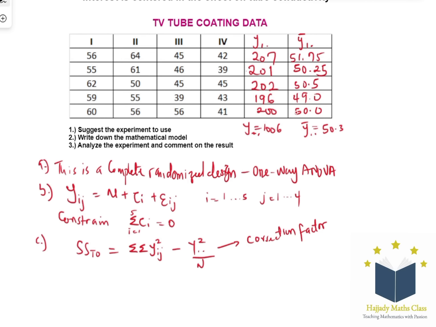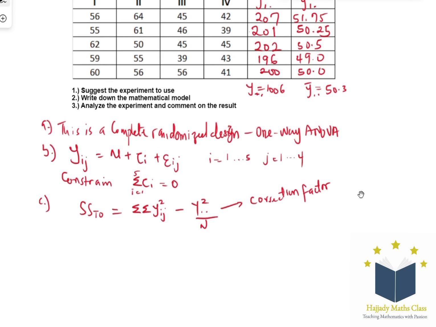Now coming back to my sum of squares total, my summation yij all squared is just going to be here. What do I mean by summation yij all squared? It means that we are summing each of these observations, that is 56 squared plus 64 squared, up to the last observation, which is 41 squared.